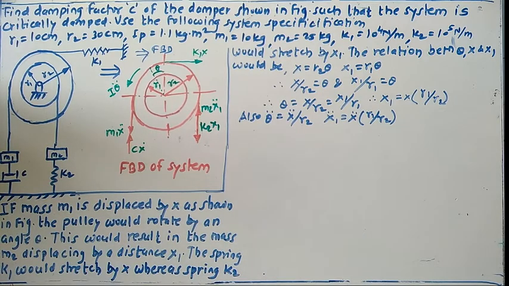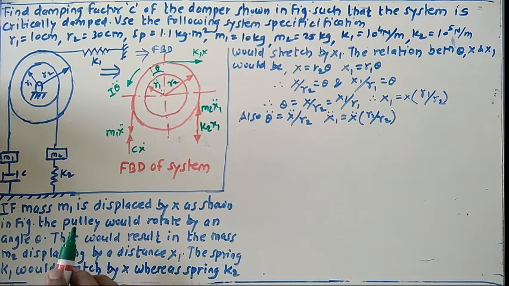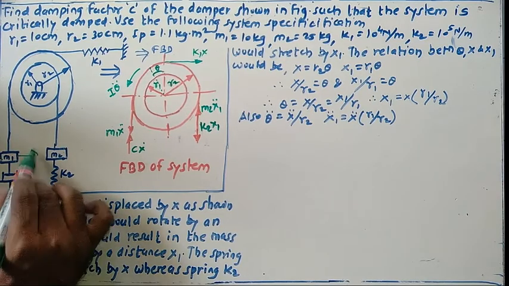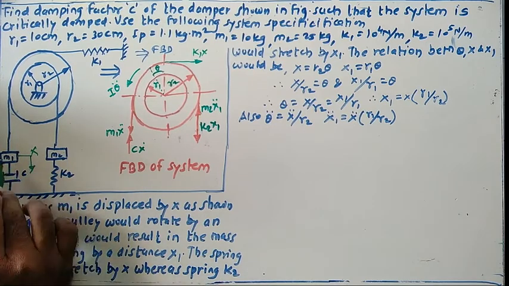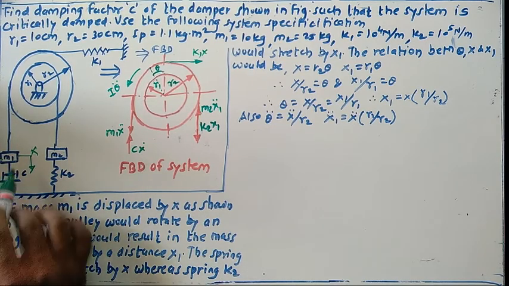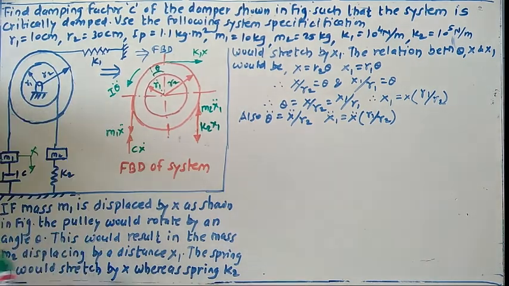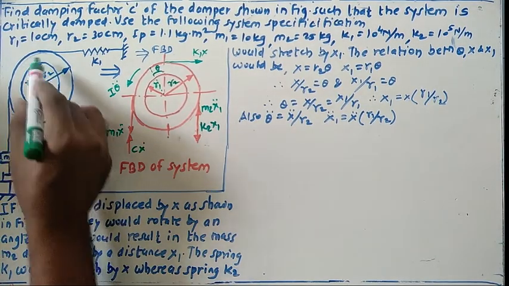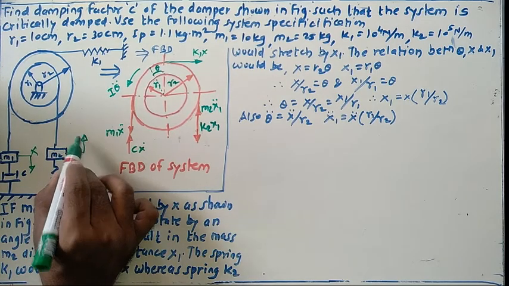Let us imagine, to get the solution for C, that a displacement is given to this mass. Let us imagine that the mass is displaced by a distance x like this. As the string is wrapped over the surface of this pulley, the whole system tries to move in this direction, and this side starts moving in the upward direction.